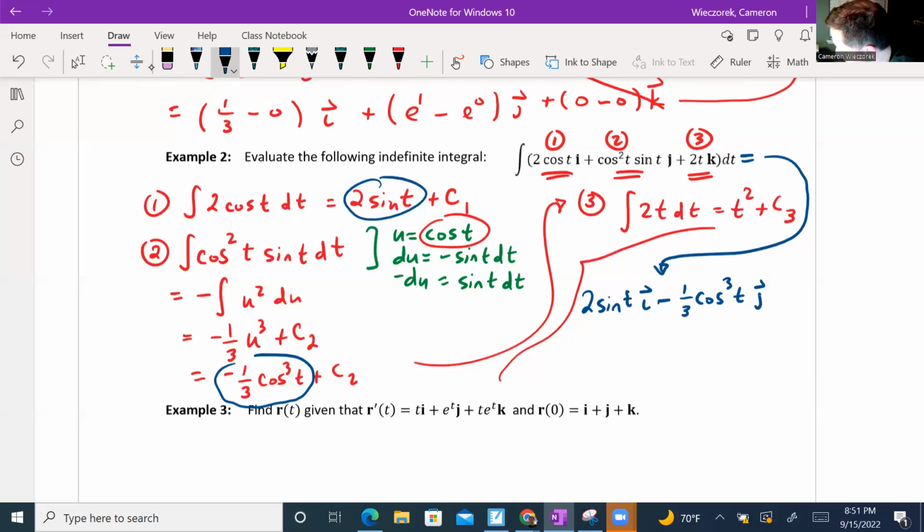Running out of space, I'm going to go to the next line. The third component gave us t squared k. And last but not least, all 3 of these constants are going to be placed into one constant vector, which we're going to call c, which is made up of c1, c2, and c3.